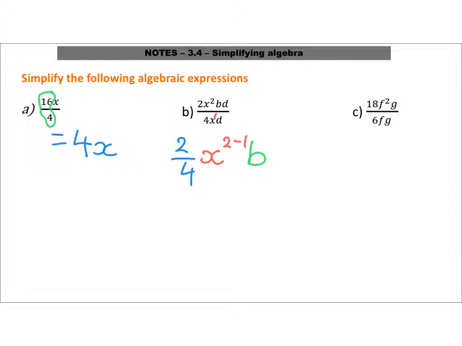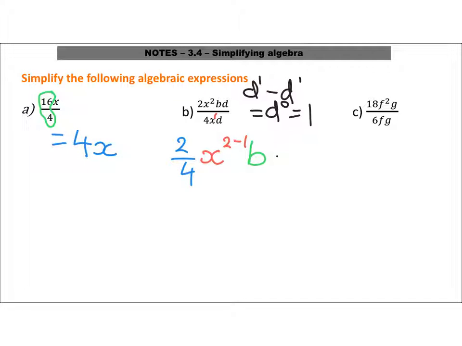And then on the end I've got d subtract d. I'll just write it up here: d to the power of 1 subtract d to the power of 1 equals d to the power of 0. And as you all know, that equals 1. So we don't need to write that in our equation. We could, but it would not change it.